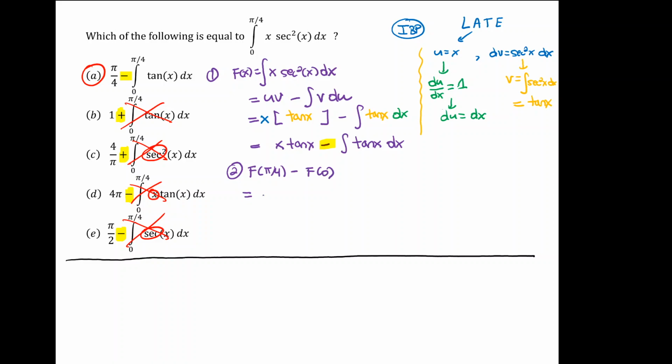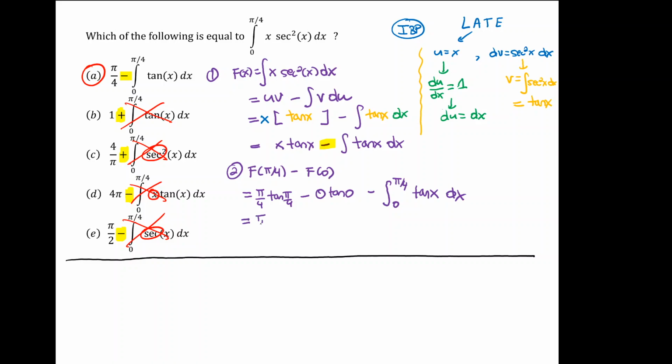So that would be pi over 4 times the tan of pi over 4 minus 0 tan 0 minus integral from 0 to pi over 4 of the tan of x. So just evaluating all the pieces, taking the x tan x, evaluating it at pi over 4, evaluating it at 0 and subtracting, and then the integral has to be evaluated from 0 to pi over 4.